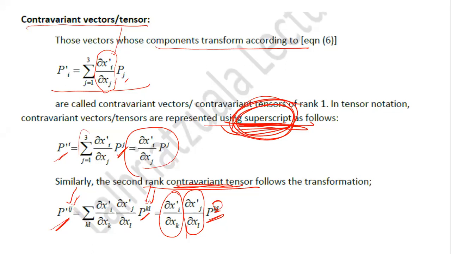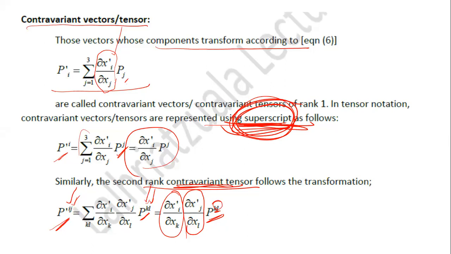So far we have established basic concepts in tensors, and we have said that this tensor algebra, or the classification of tensors, relies on the transformation relation of a particular quantity from one coordinate system to another coordinate system.